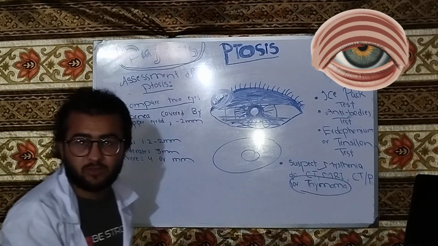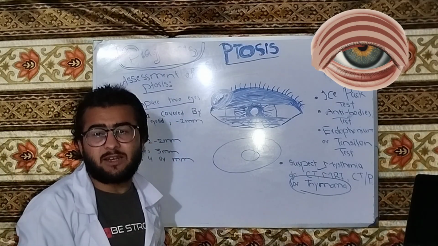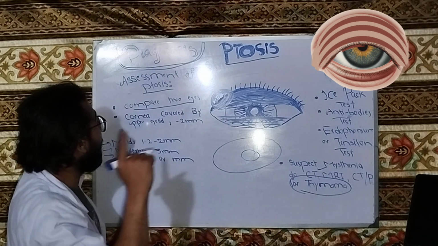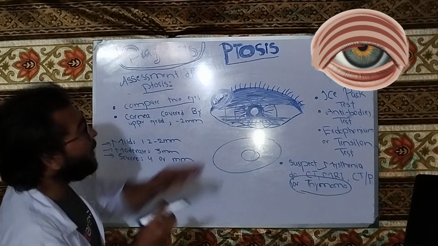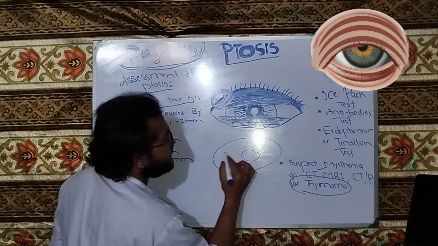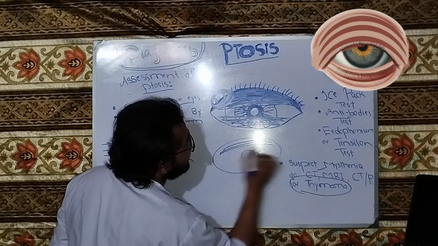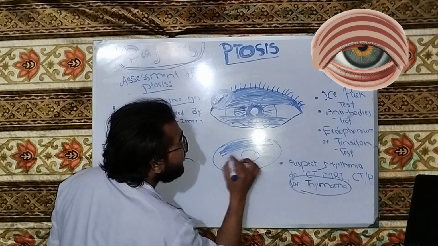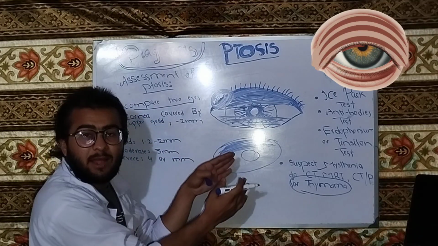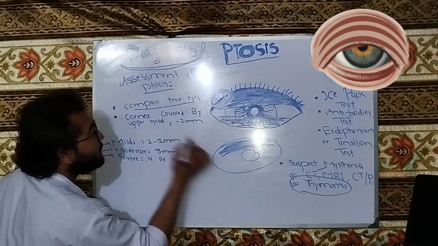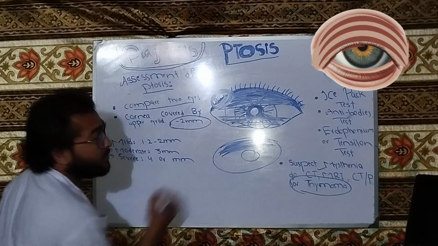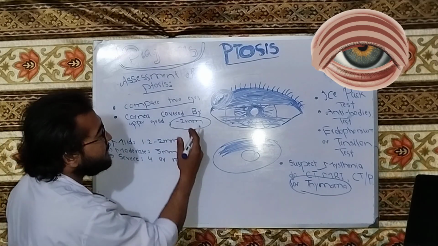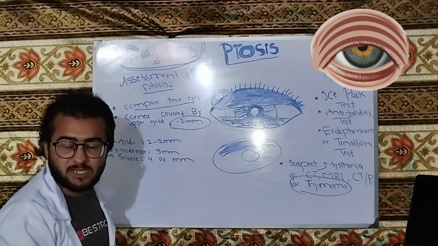But if the ptosis is bilateral, what will we do? If ptosis is present in both the eyes, how can we measure it? We will measure the ptosis in one eye, and we will subtract 2 mm from the measurement, and it will give us the amount of ptosis present.